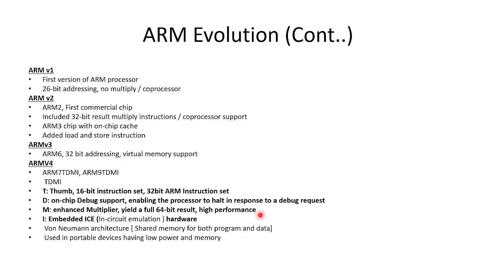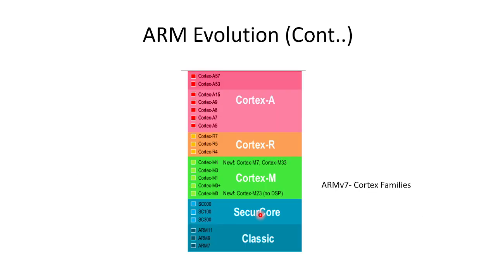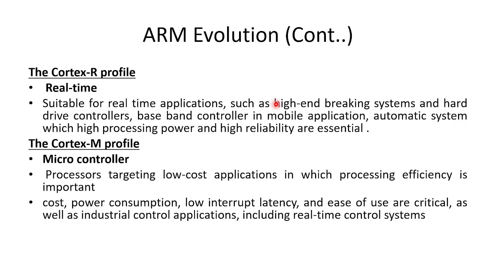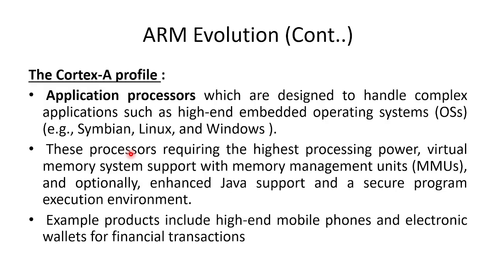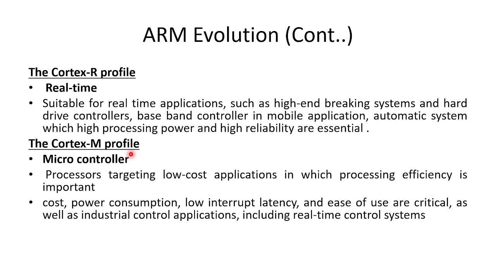These Cortex boards have different variations: A, R, M. A refers to application profile, R refers to real time, and M refers to the microcontroller profile. For most academic purposes, and for doing projects, we will be using the Cortex M profile. When you go to industry, you will be using Cortex A boards and Cortex R boards.